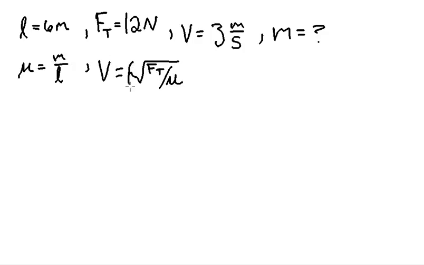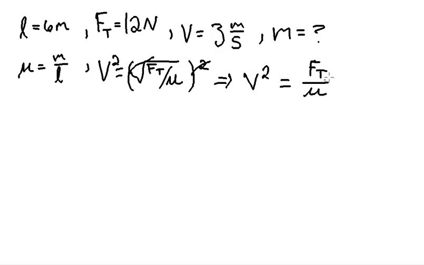So first part is exactly what we saw last time. Square this, that cancels out with this. Square the velocity equals the force of tension on the string divided by the mass length ratio of the string.